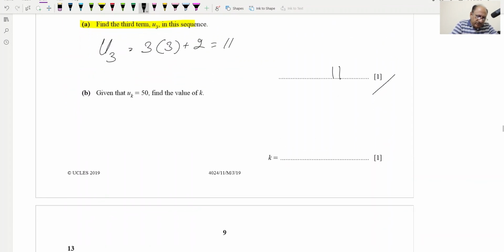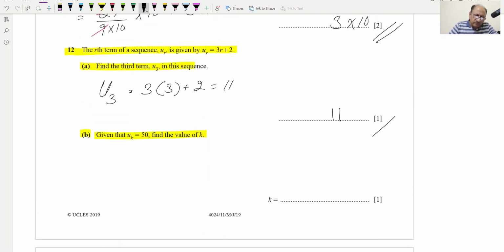Okay, now the B part. The B part says, given that U_K is equal to 50, find the value of K. Now we have this 3R plus 2. So U_R is equal to 3R plus 2, and they're saying this value is 50.